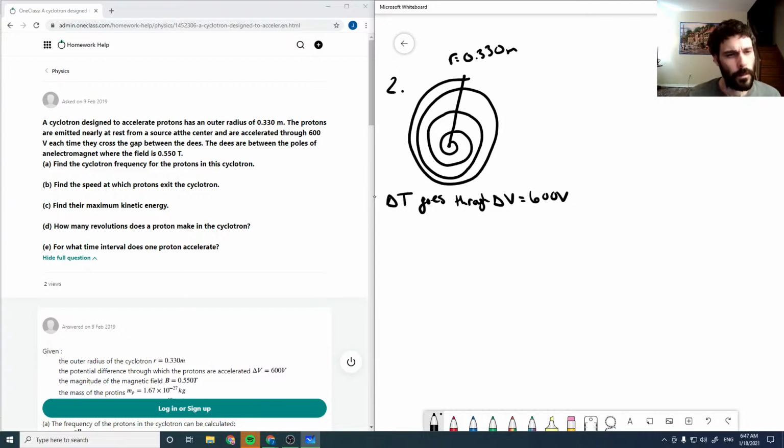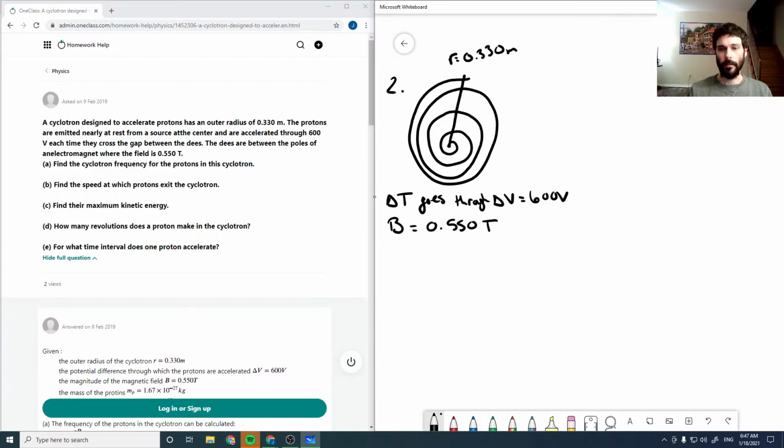And then we've got a B field of 0.550 Tesla, which is keeping our proton rotating. So the B field must be out of the page.